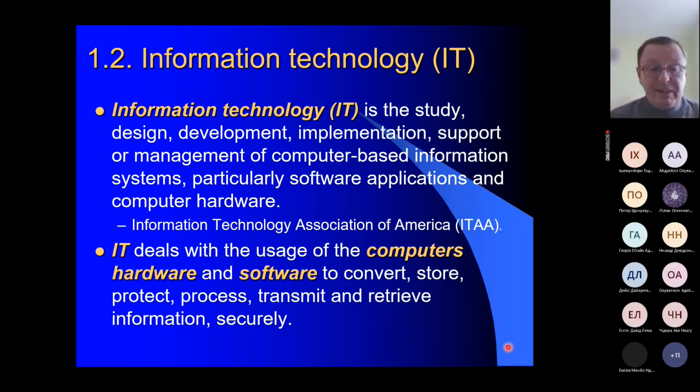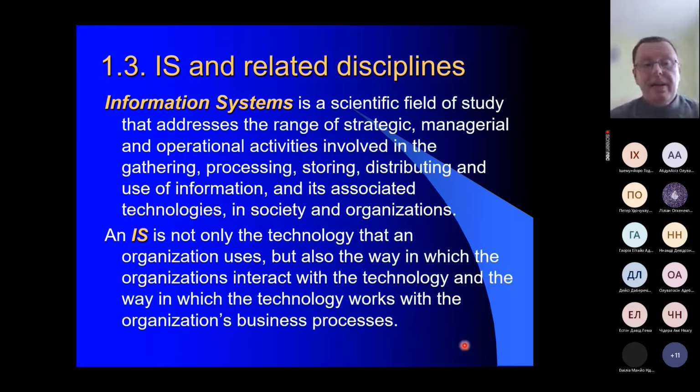As a result, IT deals with the usage of computer hardware and software to convert, store, protect, process, transmit, and retain information, providing necessary security, privacy, and access levels. Information systems, in the scientific area, are a scientific field of study that addresses a range of strategic, managerial, and operational activities involved in gathering, processing, storing, distributing, and using information and its associated technologies in society and organizations.